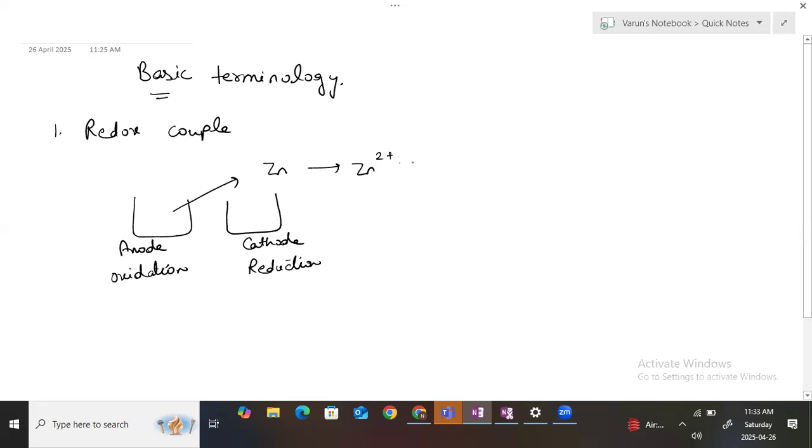Zn is getting converted into Zn2+, right? On the cathodic part, there was a reduction. These Cu2+ ions were converting into copper. As I can see, this one is the half reaction, and this one is also a half reaction.